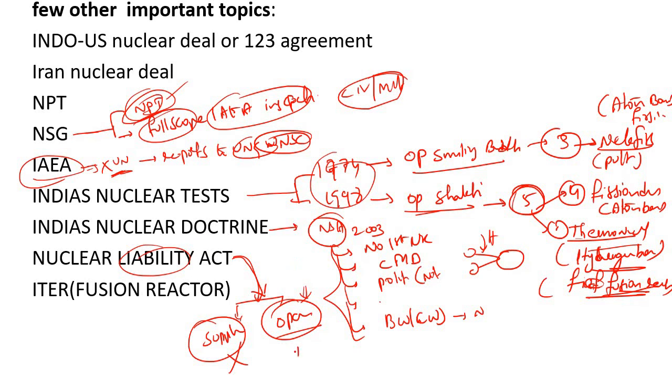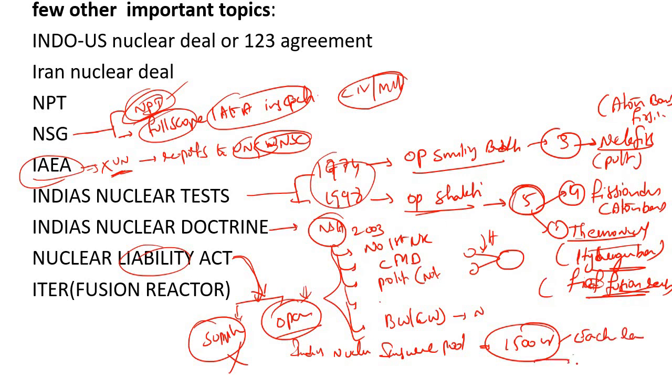India's nuclear insurance pool. India's nuclear insurance pool was made, in which 1500 crore was used for each reactor. Means 1500 crore will be there for each reactor. Out of this, 750 will come from government and 750 will be raised from the market. 750 crore from government, 750 crore from market.